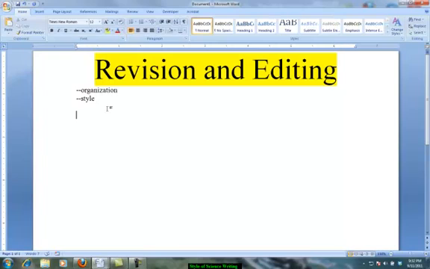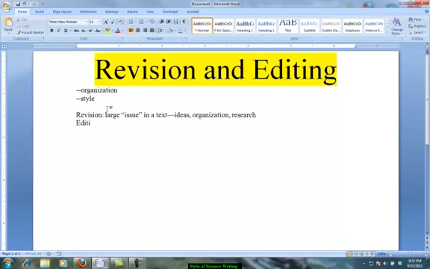Revision and editing. So revision and editing are not the same things. When I'm talking about revision, I mean the large, for lack of a better word, issues in a text. These could have to do with your ideas, organization, research.